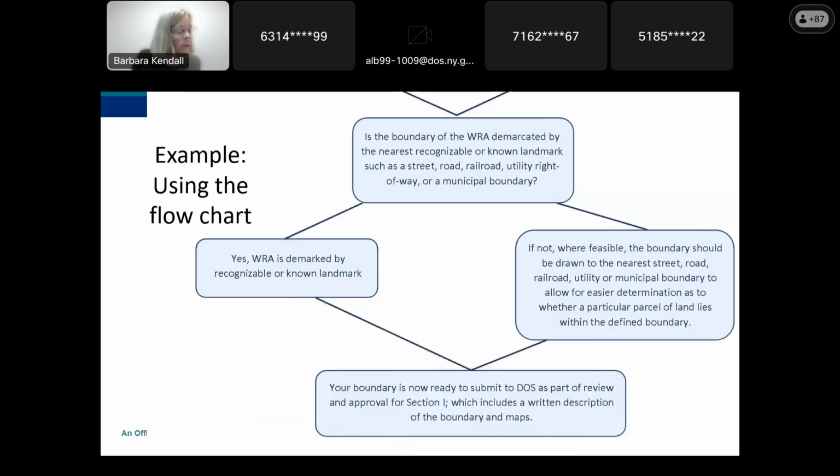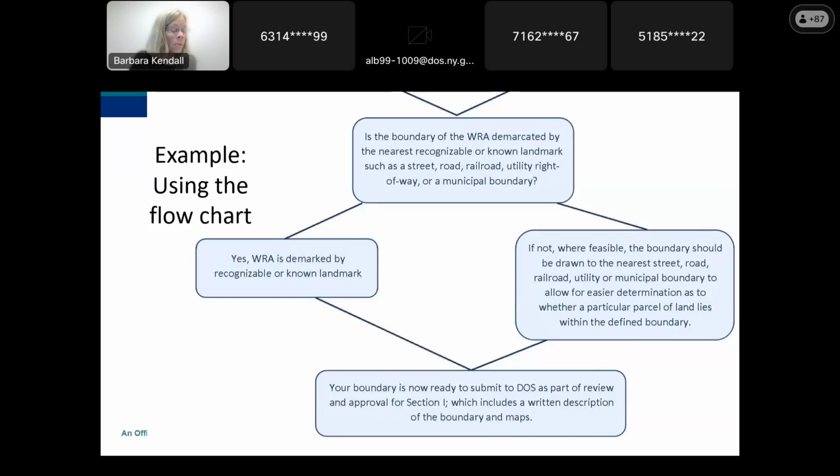Then keep going on the flow chart, is it demarcated by a nearest recognizable landmark or roadway or utility right of way or municipal boundary? Is there something that'll make an easily determinable on a map boundary for your LWRP? Yes, then you're good to go.